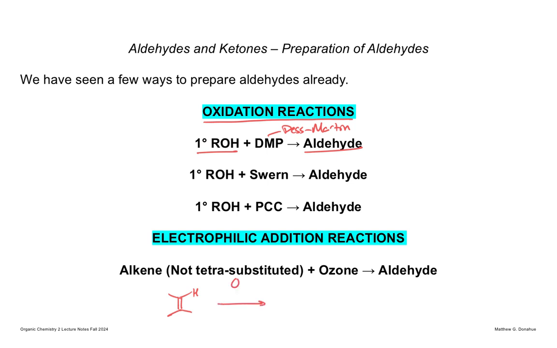If we treat that with ozone gas and dichloromethane, and then add a reducing agent like triphenylphosphine, what that does is it cleaves the double bond so that each carbon gets a carbonyl. So we would end up with two different things here: the 2-carbon aldehyde and then the 3-carbon ketone.